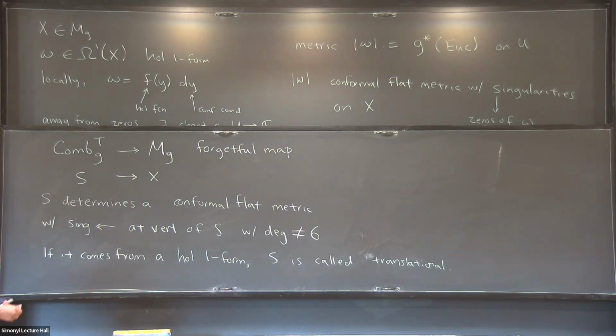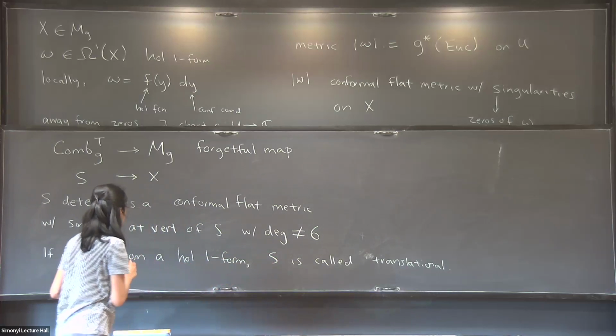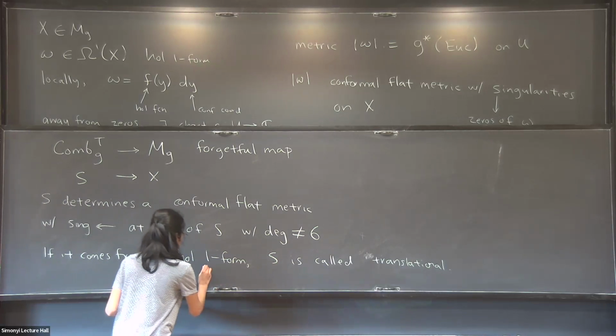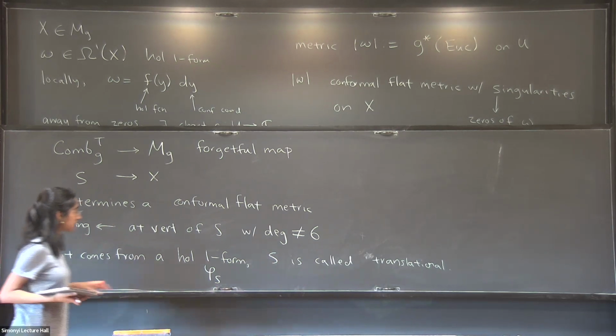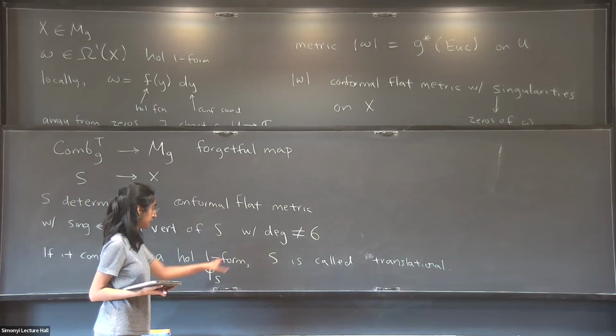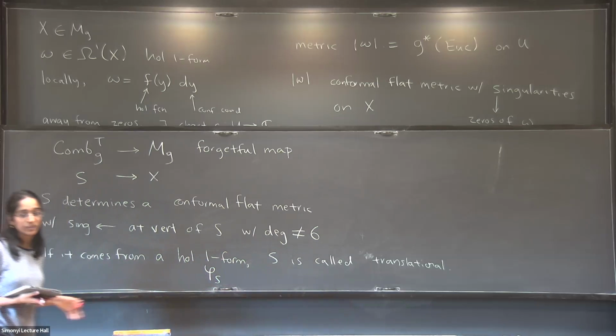Now, in this situation, we will denote the holomorphic one form by phi sub S. You have some choice of multiplying by a third root of unity. Yes, that's right. So it's not uniquely defined, but that's okay.